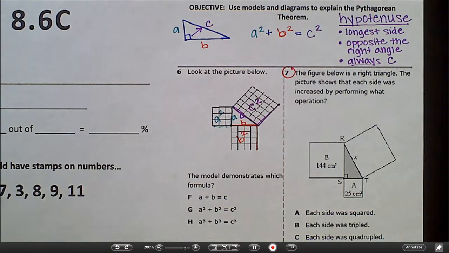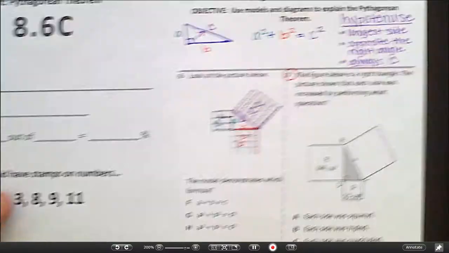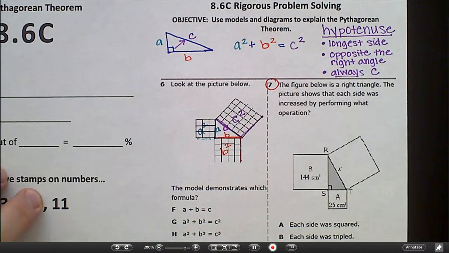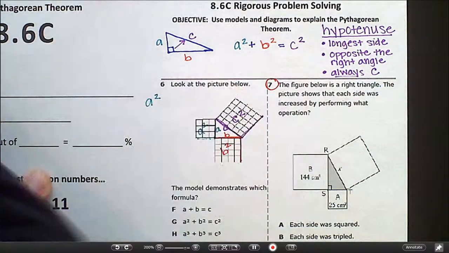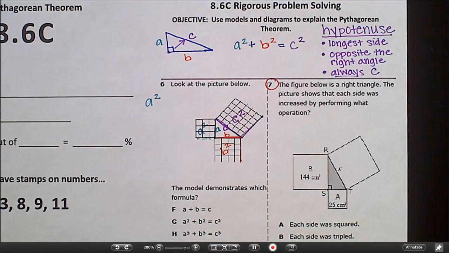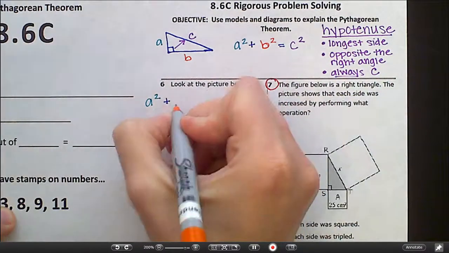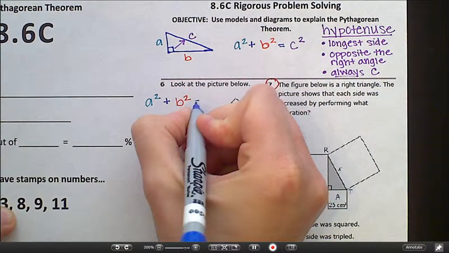So the way that we would actually solve this, if we were going to use the Pythagorean theorem, is to start with my formula, A squared plus B squared equals C squared.